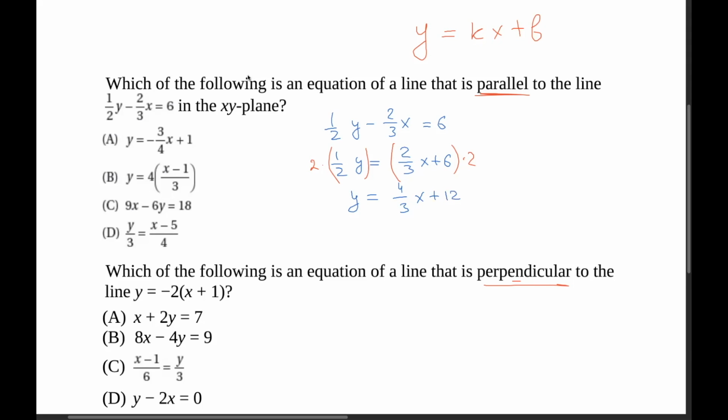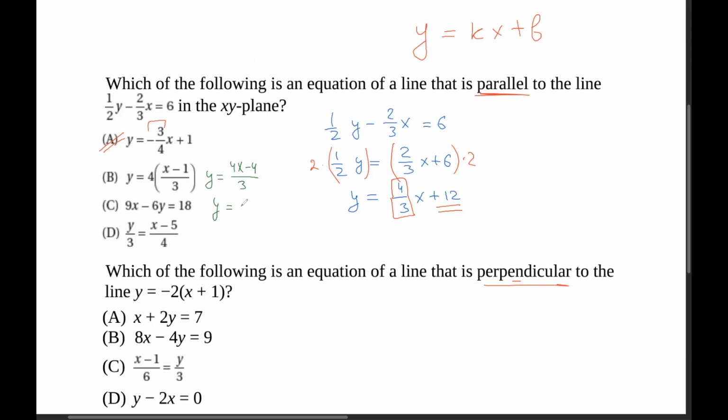If you're looking for the line which is parallel to this one, the slope must be 4 over 3 and the y-intercept cannot be 12. Look, the slope is 4 over 3, not. Well, I need to check this one, case B. This is y is equal to 4x minus 4, divided by 3.